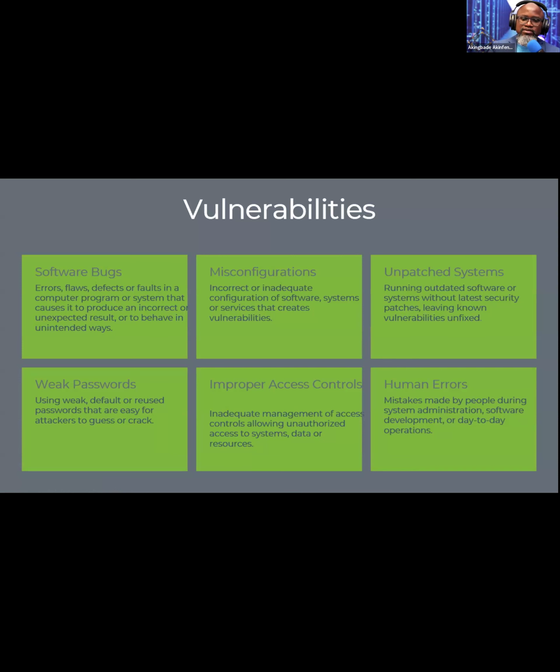On unpatched systems, this is a huge one. The sad part is that many environments actually have the updates, the patches, sent to them, but they did not install the patch. Let me quickly sneak in something real quick. Can we all type in Patch Tuesday? This is from Microsoft.